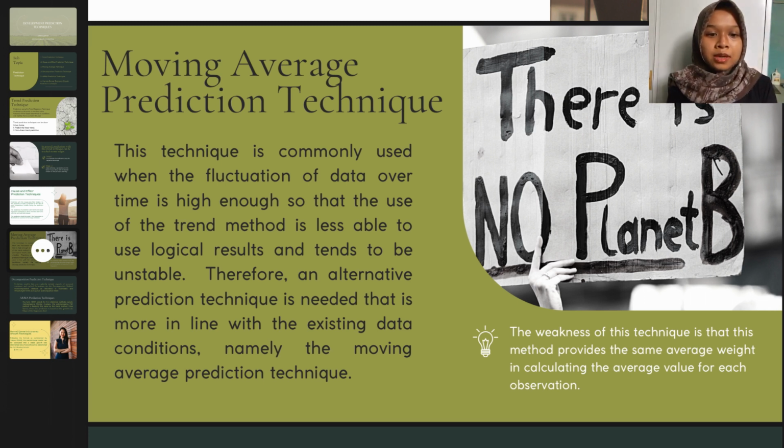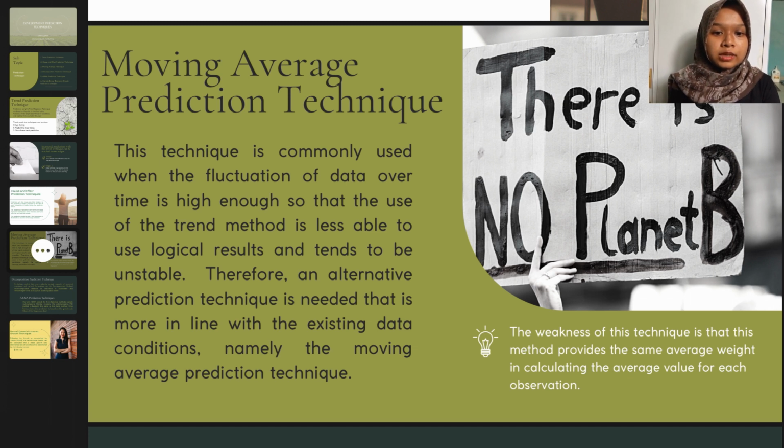The average value can be calculated for a period of 3 or 5 years, depending on the level of value that is expected to occur. A prediction result using this technique will tend to be lower and more stable than the trend prediction technique based on past growth rate.